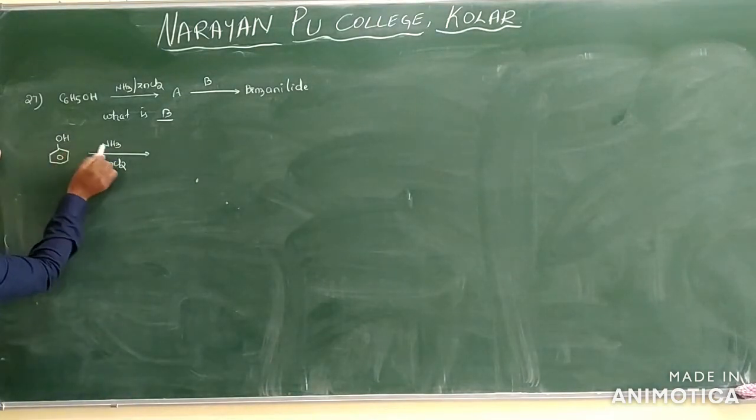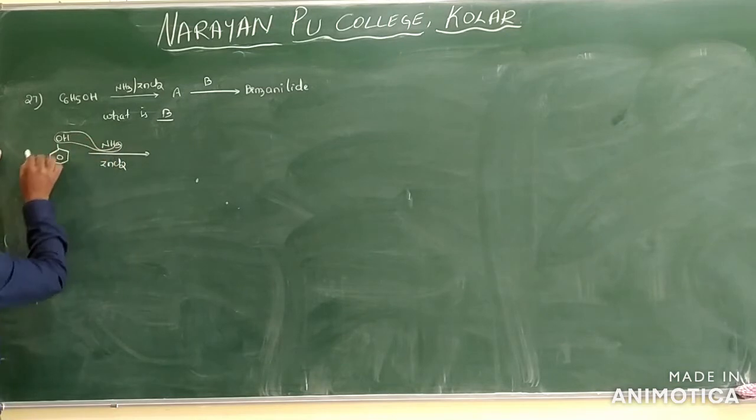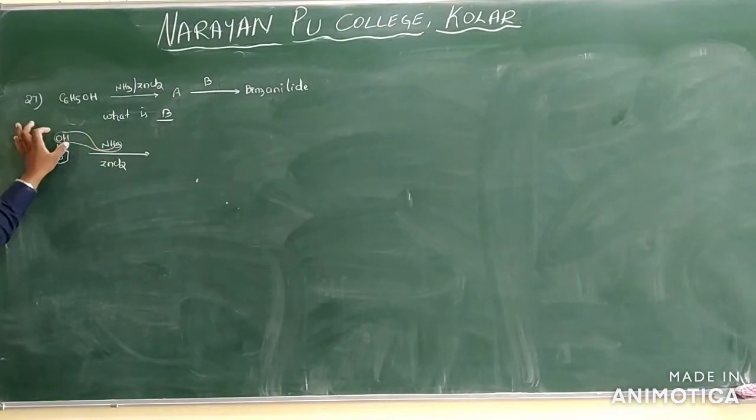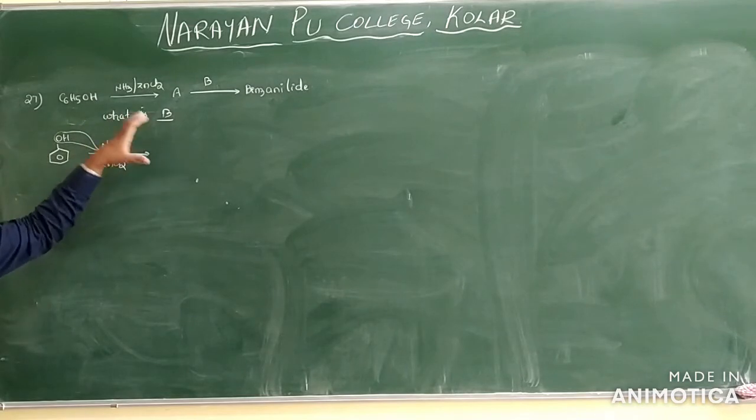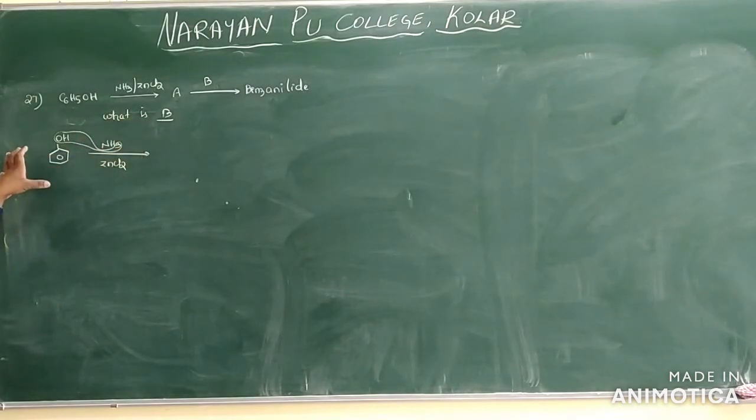In this reaction, one H and the OH will be removed as water. Like you know, with chlorobenzene and NaOH, chlorine will be removed and OH will be added. In the same way, it is also difficult to break this bond.